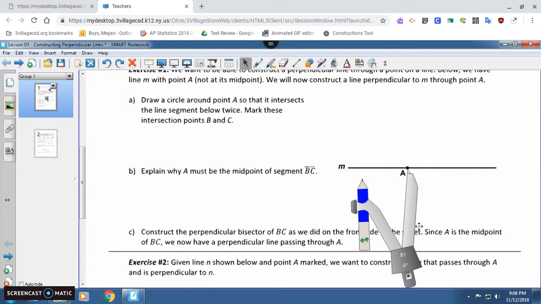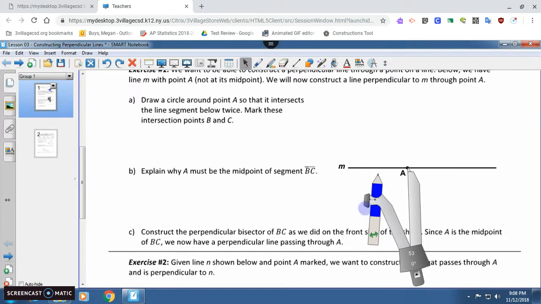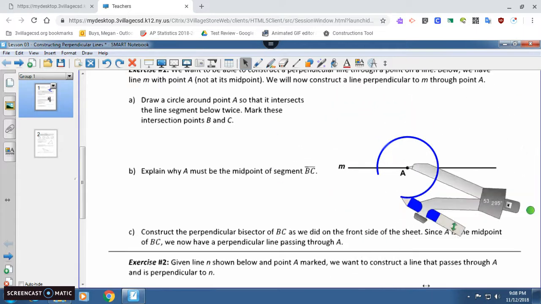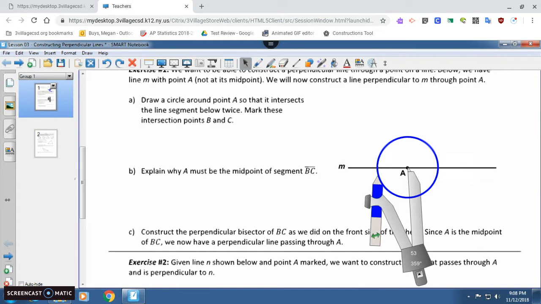And what I mean by that is we have this A. We want to create a circle around A. And it could be at any length, but I'm just going to make it so that it intersects twice. And you don't even really need to have a full circle. What we need is an intersection on both sides that are equal distances away.